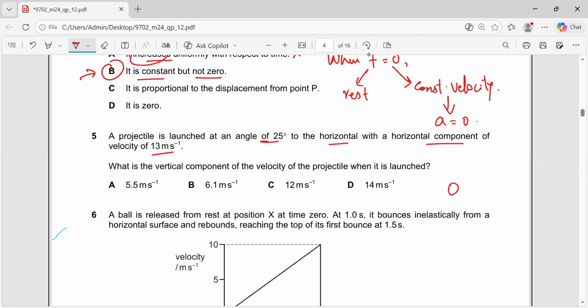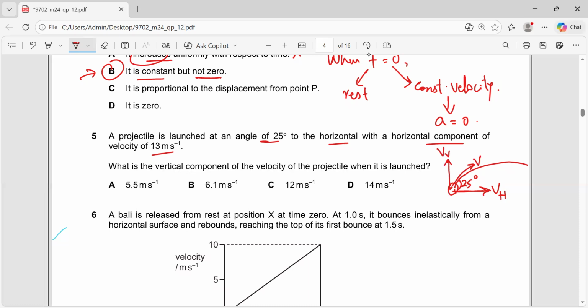It says कि ये मेरे पास let's say एक projectile है जिसको launch किया गया, it has been launched at an angle of 25 डिग्री. वो कहता है कि उसकी कुछ velocity होगी, definitely there will be some velocity v. प्रोजेक्टाइल एक two dimensional motion है, so its velocity will be having one horizontal component, let's say it is vh, and it will be having one vertical component, let's say which is called as vv.